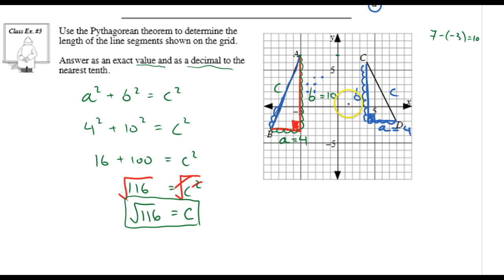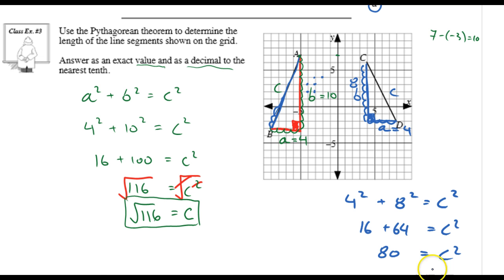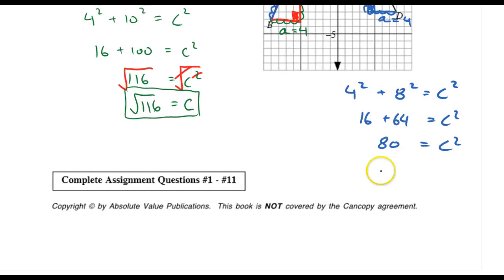So B is 8. So I have 4 squared plus 8 squared equals C squared. 16 plus 64 equals 80, which equals C squared. And finally, don't forget the last step: C equals the square root of 80.